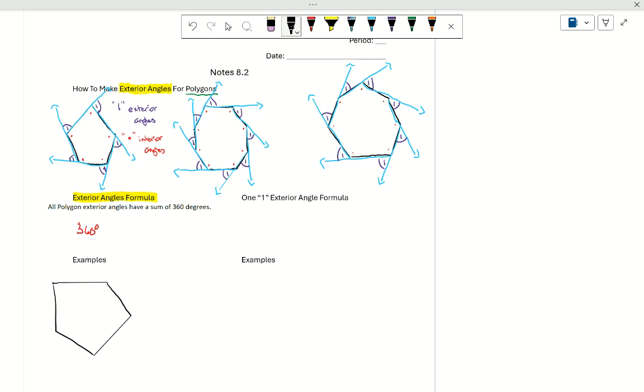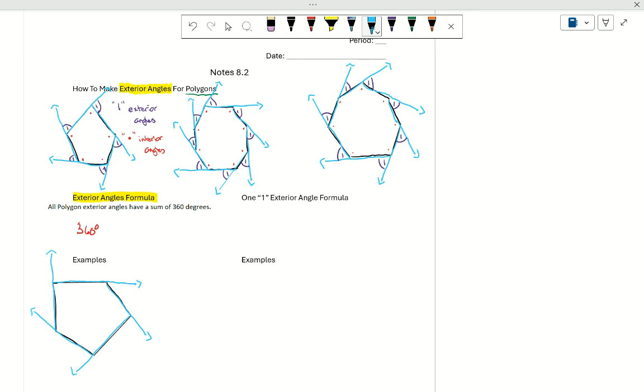So I have a pentagon. And in this pentagon, I'm going to have 5 exterior angles, and I'm creating the 5 exterior angles right now. So this is how we create the exterior angles.